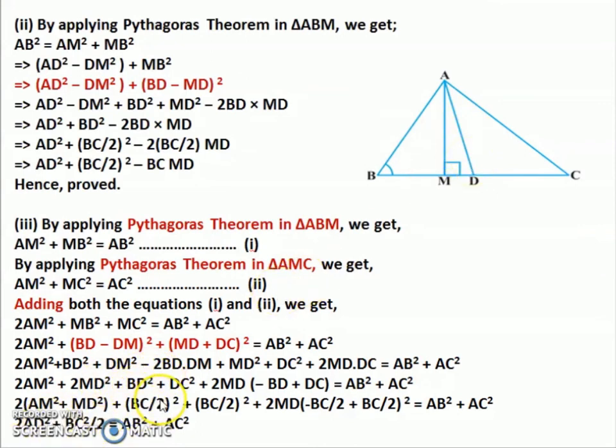BD can be written as BC by 2 the whole square, and DC also can be written as BC by 2 the whole square. Then from these two terms we can take 2 MD common, so we will get minus BD plus DC. But BD and DC are equal, so this entire term will become 0. So after simplifying, we will get 2 AD square plus BC square by 2 is equal to AB square plus AC square.